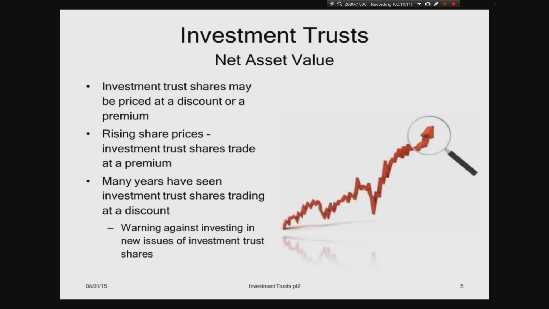And one of the ways that investment trusts compensate for the fall in share value from the initial issue is through the issue of warrants, and those warrants then make it attractive for new investors to take up the share issue.